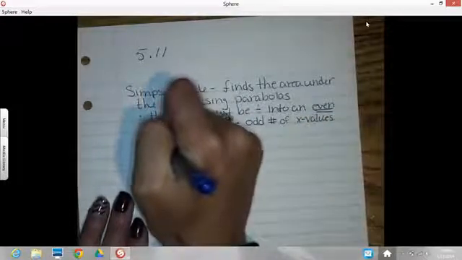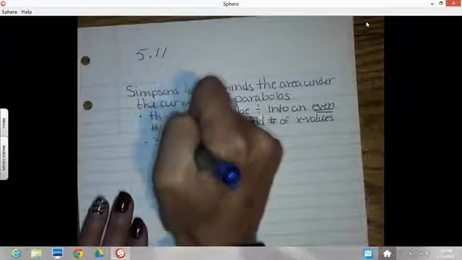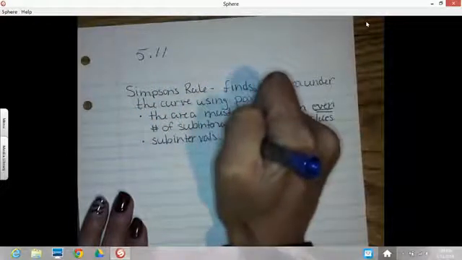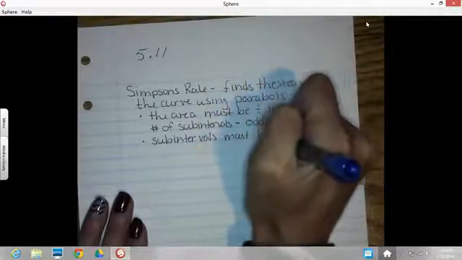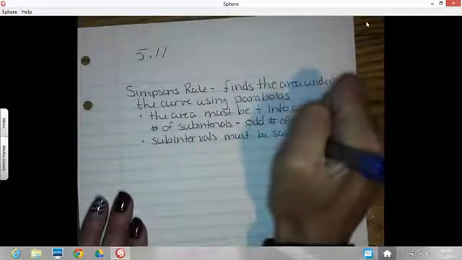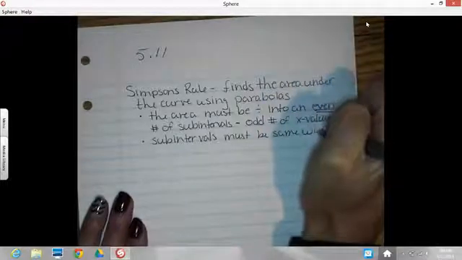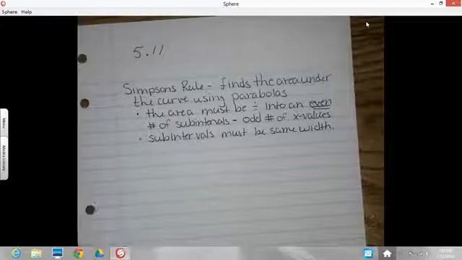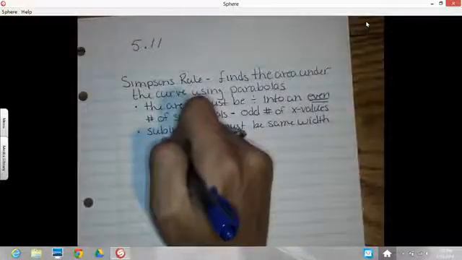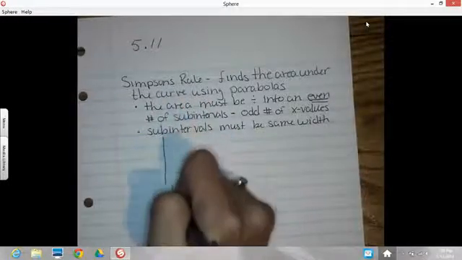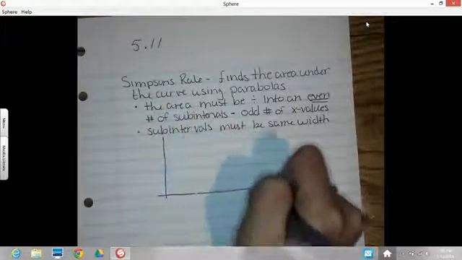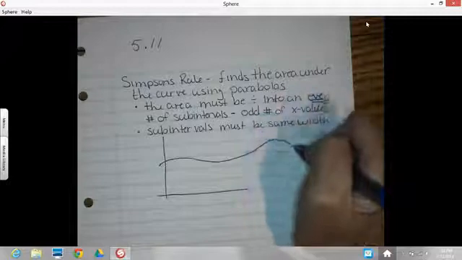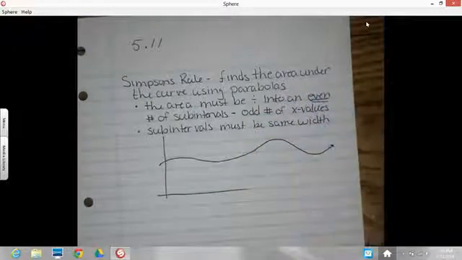So subintervals must be the same width. So say we've got a function, and I'm just going to do one little chunk of it.